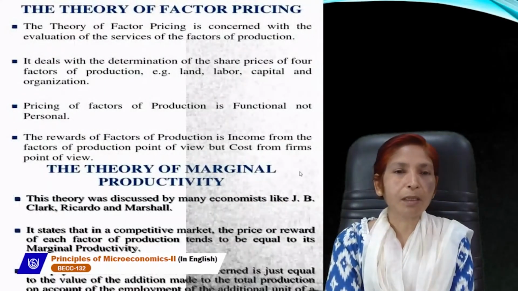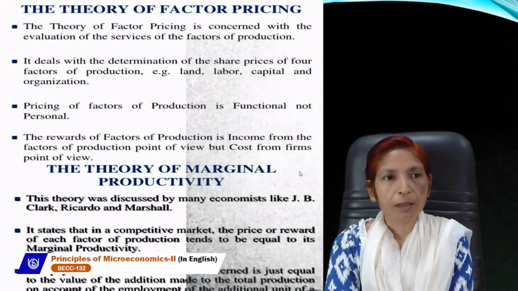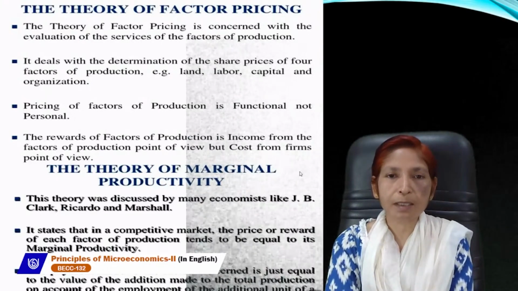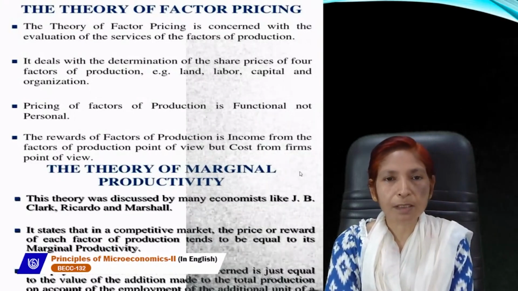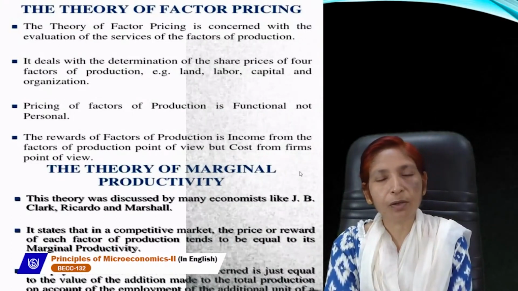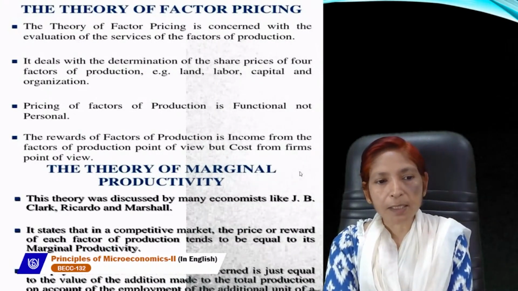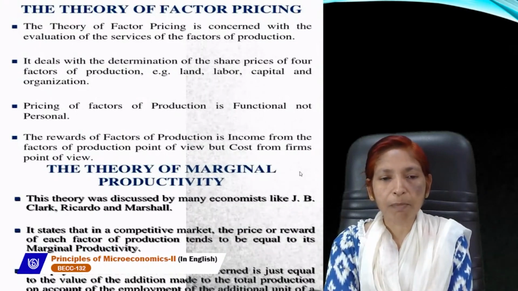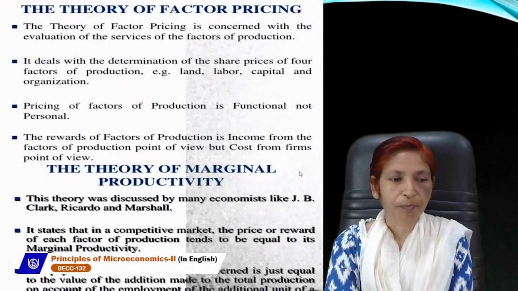Next is the theory of factor pricing, which we have discussed in this topic. The theory of factor pricing is concerned with the evaluation of the services of the factors of production. The theory of factor prices was discussed by many economists like J.B. Clark, Ricardo, and Marshall.